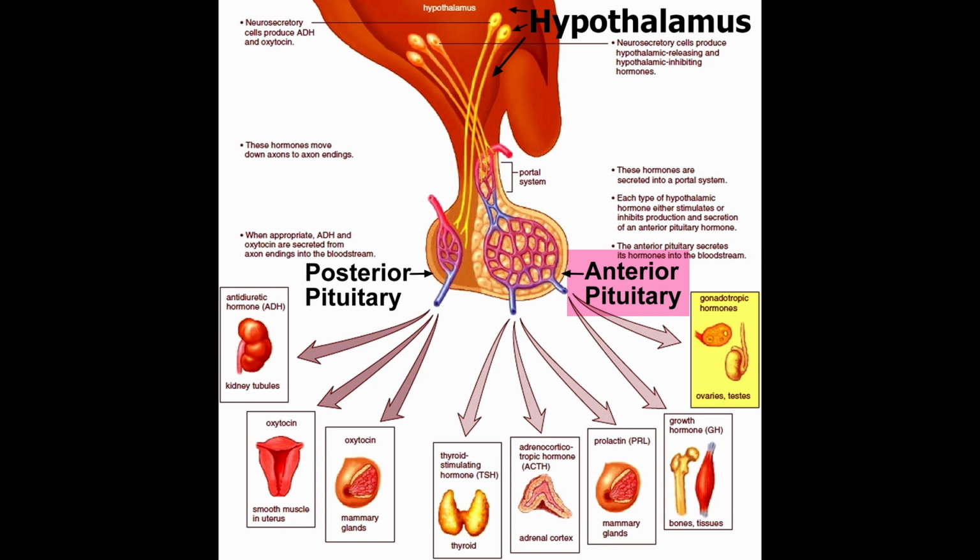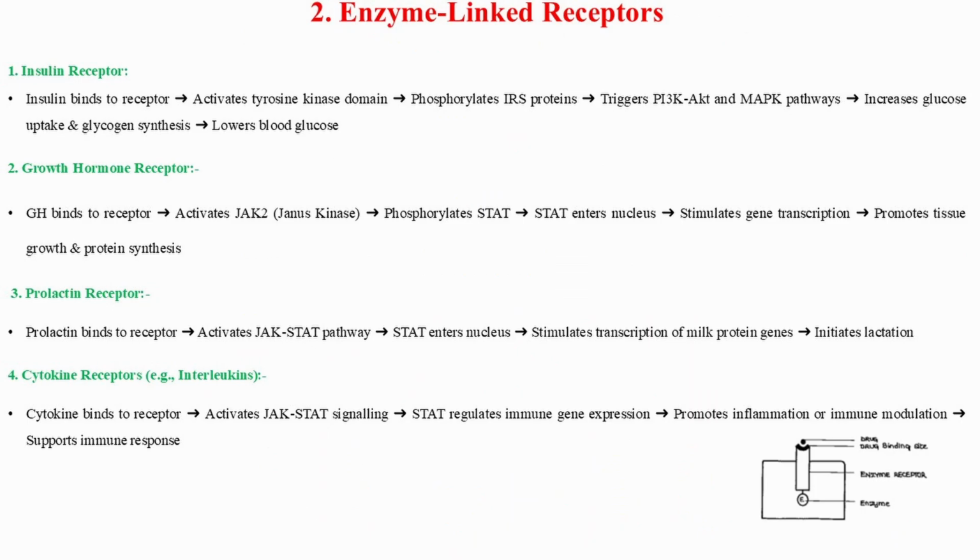Alright, with these key players introduced, let's now see how they team up in action, starting with the insulin receptors. Insulin binds to the receptor and activates the tyrosine kinase domain, which leads to phosphorylation of IRS proteins, leading to the two main pathways, that is the phosphoinositide 3 kinase, protein kinase B pathway and the MAPK pathway. MAPK pathway is nothing but the mitogen activated protein kinase pathway.